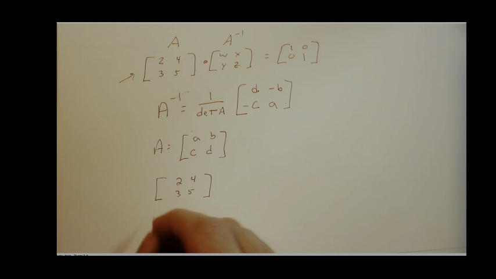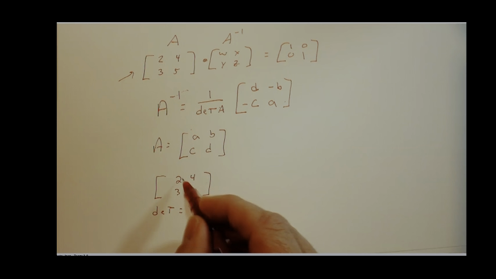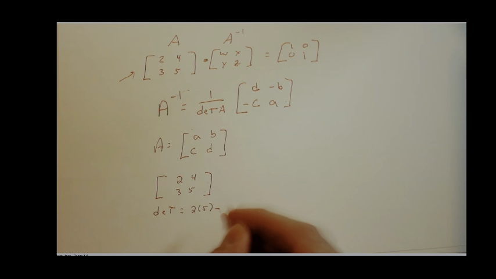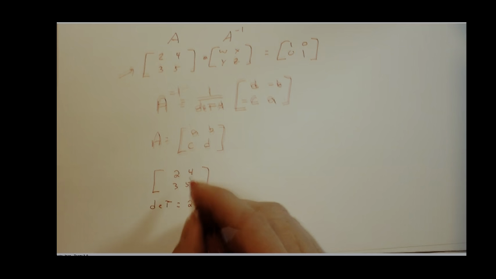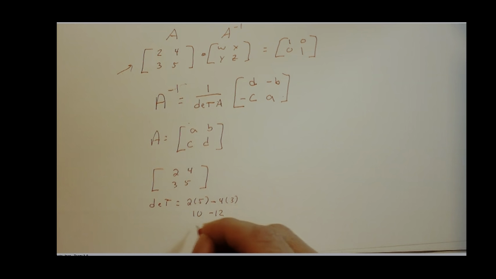So the determinant is going to equal 2 times 5. That was A times D minus B times C. So 4 times 3. So that's 10 minus 12. So our determinant is negative 2.